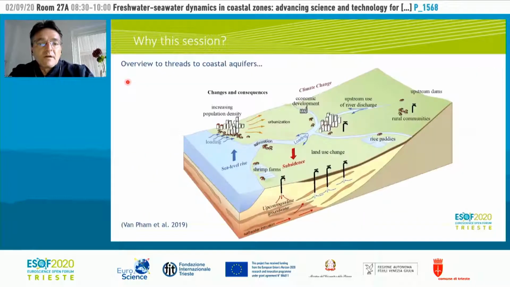So I would like to jump into the topic by one figure that I found last night, actually, that was published last year. This is an article on the Mekong Delta, but I think it summarizes quite nicely the impacts that we have. So if we look at the threats to coastal aquifers, you see there's actually a lot of impacting factors.